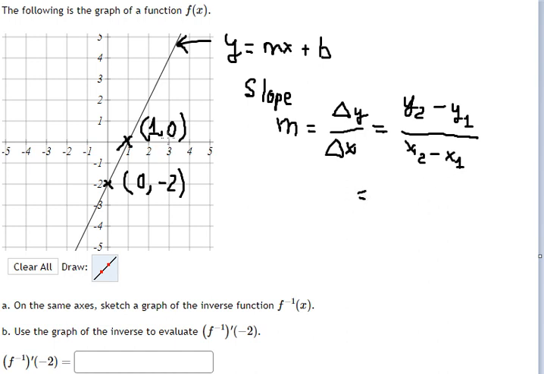So y2, we have 0 minus negative 2, over 1 minus 0. And we have 2. So we put 2 in here.